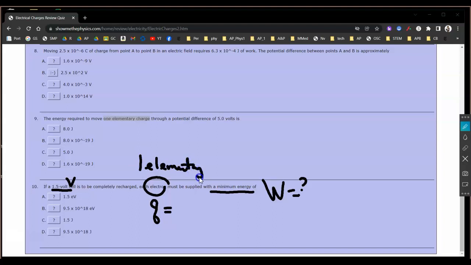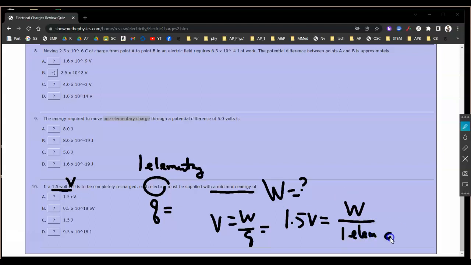Let's get the answer in electron volts, see if we've got it. Ready? V equals W over Q. So V is 1.5 volts equals W, which we don't know, over 1 elementary charge. Cross multiply: 1.5. Oh, good. It turns out to be 1.5 electron volts. It turns out to be this guy right here.